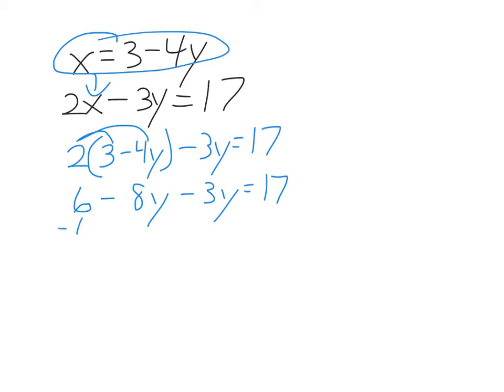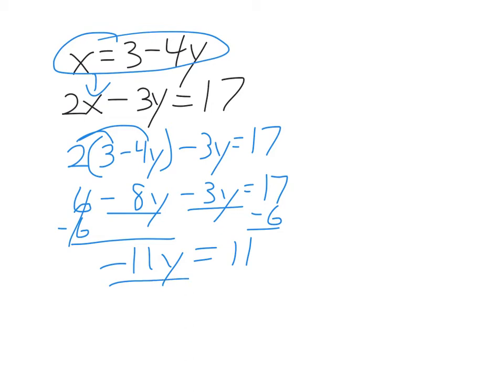If I subtract a 6 from both sides, and I combine my negative 8 and negative 3 together, I get negative 11y equals 11. Divide by negative 11 on both sides, and I get y equals negative 1. And that's what y is.